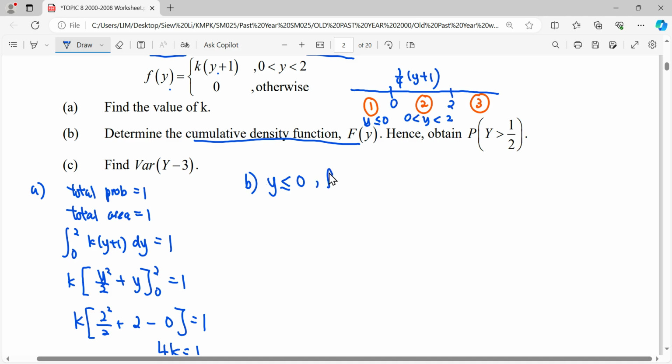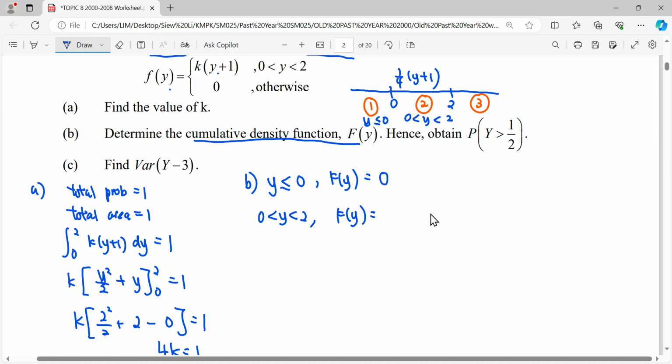To find your cumulative function, it will be before plus current, and we don't have anything. So before probability is 0, current probability is also 0. Then we proceed to the second step, the second interval, where y is between 0 and 2.